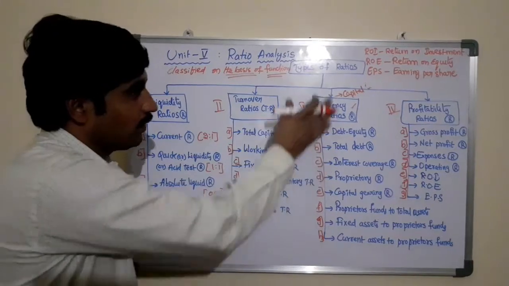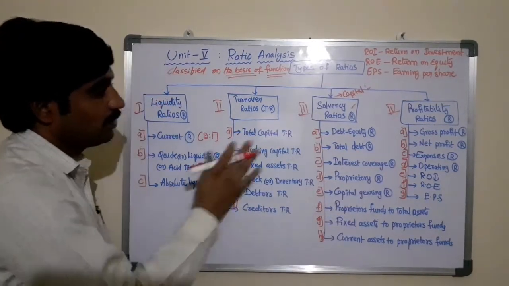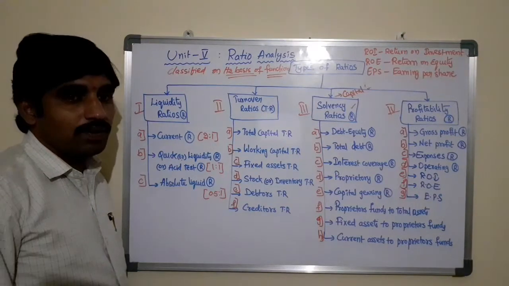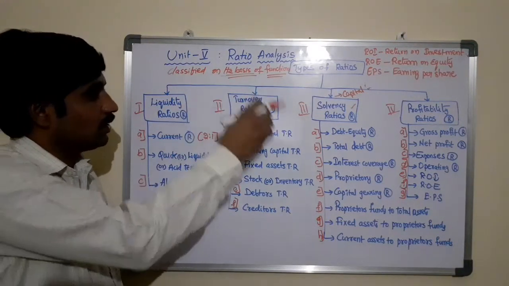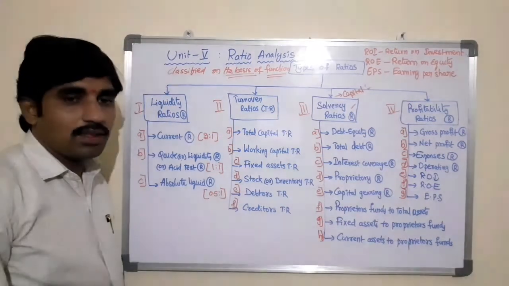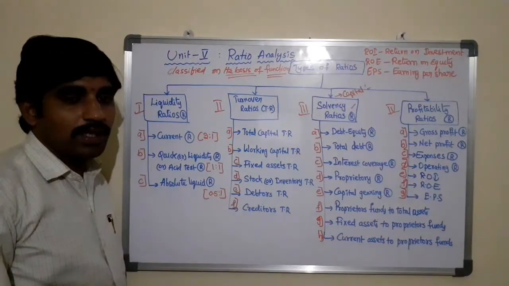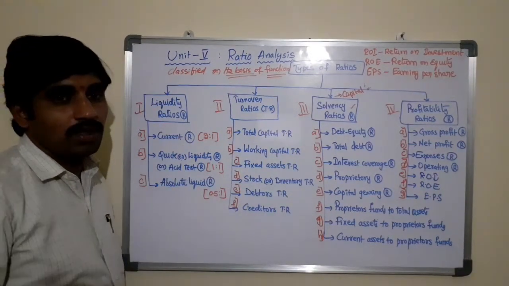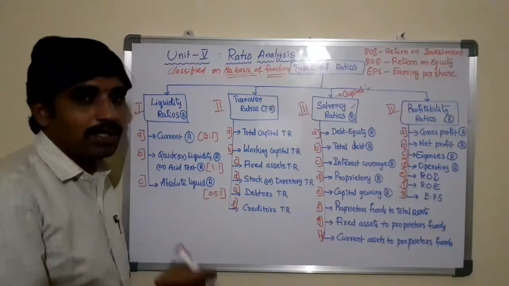So all these are the types of ratios which are classified as per the functions. Classification on the basis of function, we classified these many ratios. Now let us see one by one the liquidity ratio, turnover ratio, solvency ratio, and profitability ratios with the formulas and their significance, where this type of formula is applicable and why.